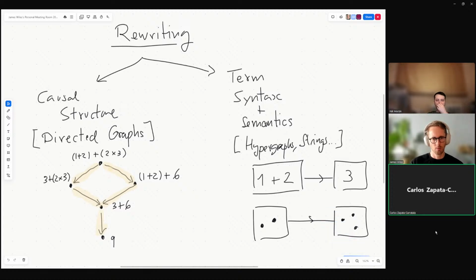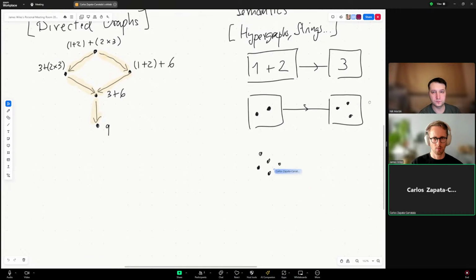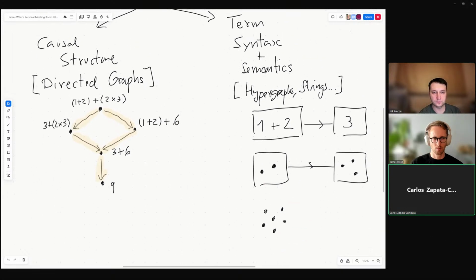But of course, what the structures are matters to the whole business of rule application. If that's my rule, and I have an expression that looks like this, how does it apply? Does it take all the subsets? Does it take only one? These are the kinds of things that matter for understanding how a rule applies. Typically, you're going to scan for all possible applications of a rule. So if you have an expression that is just a bunch of dots, and we're just counting dots, then you're going to have as many different applications of the rule as there are pairs of dots.